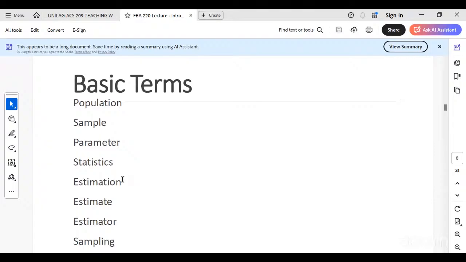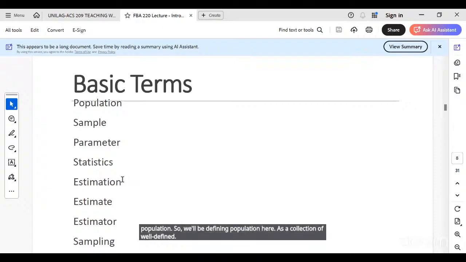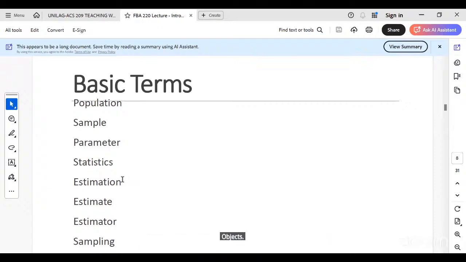The first of those concepts is population. We'll be defining population here as a collection of well-defined objects in a target universe.